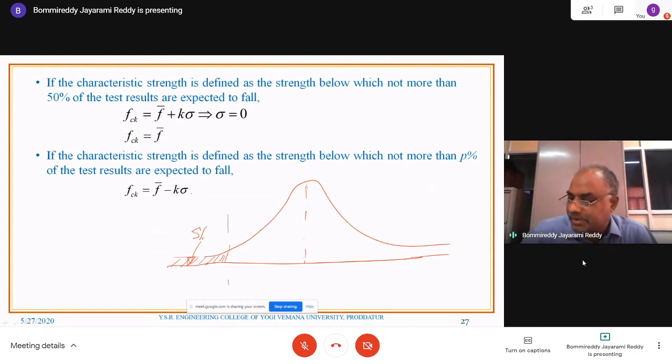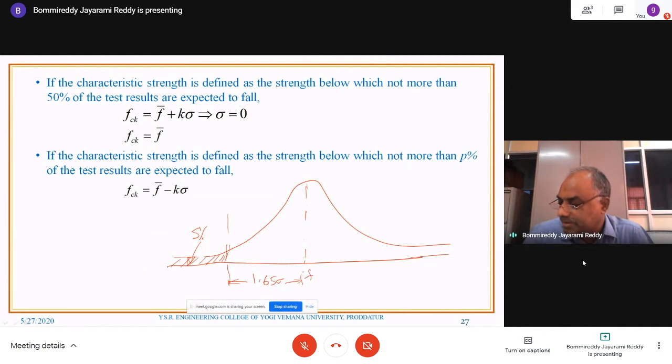If this is the case, this value is nothing but 1.65 sigma. So now what is FCK?